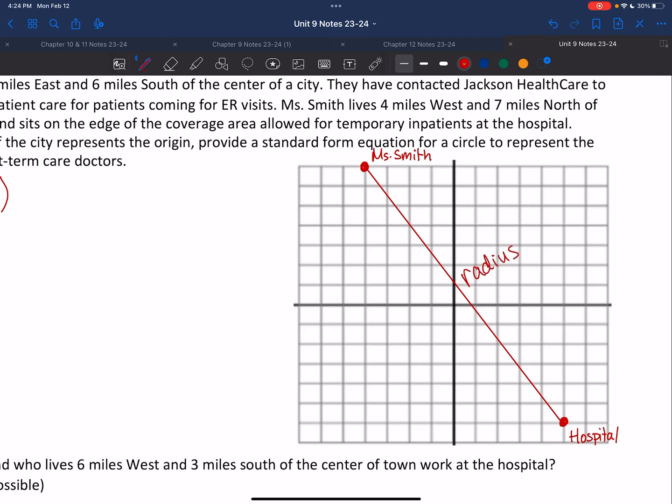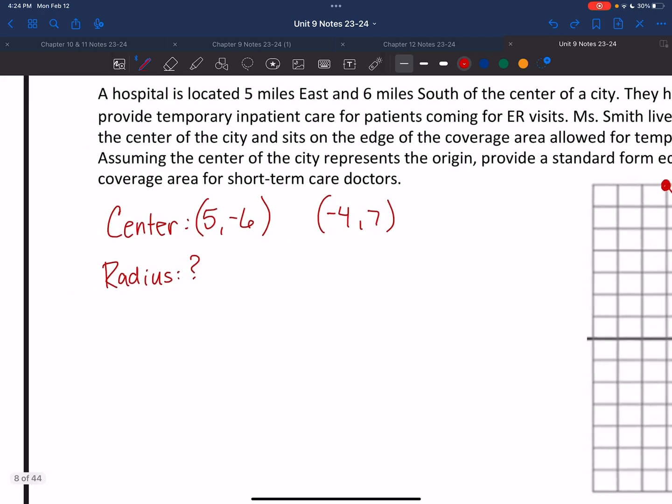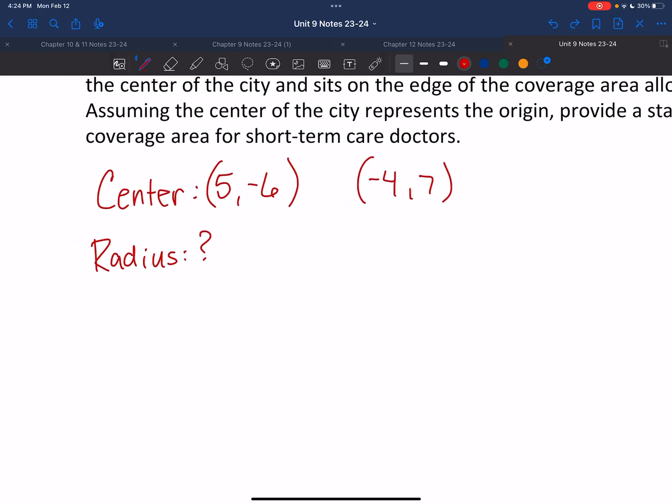So if I could just find the distance between my center and Miss Smith, who is at (-4, 7), then I'll have my radius. All right, so I use the distance formula. Remember, square root of (x2 minus x1) squared plus (y2 minus y1) squared, and you take the square root of that whole thing, right?